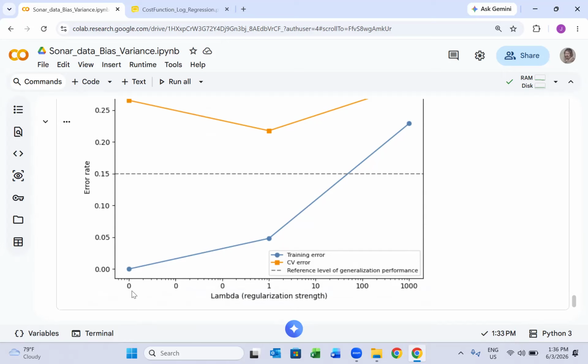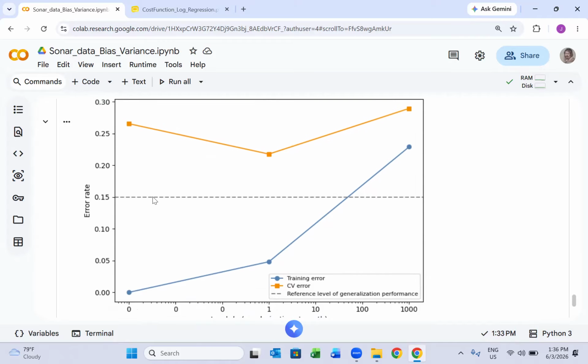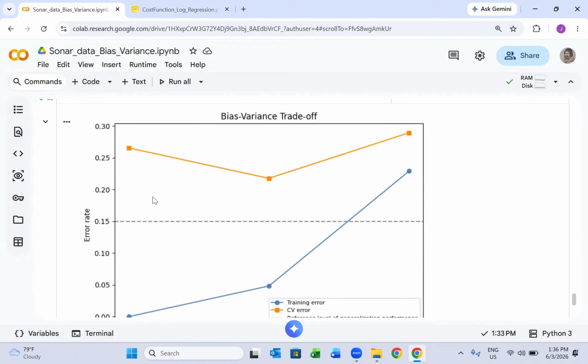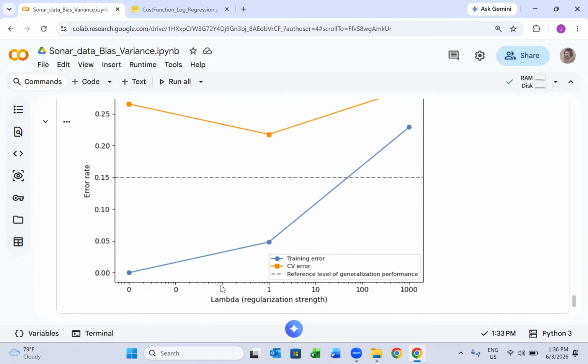It's kind of hard to show the 0.01 on the x-axis, but that's okay. So this one right here is lambda 0.01, this is 1, this is 1,000. And on the y-axis, we have the error rate. The orange line is the cross-validation error, the blue line is the training error, and as I told you, that horizontal line is the reference level.